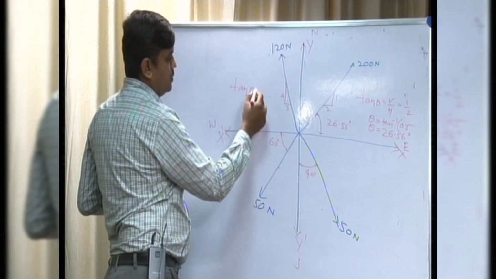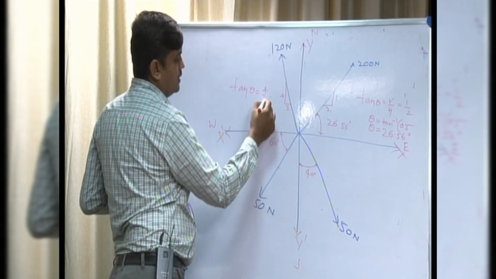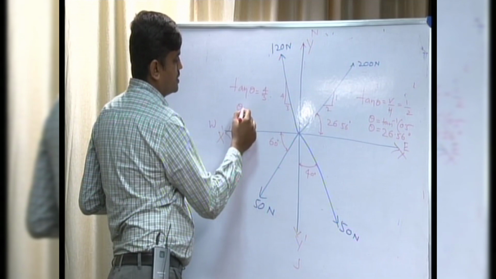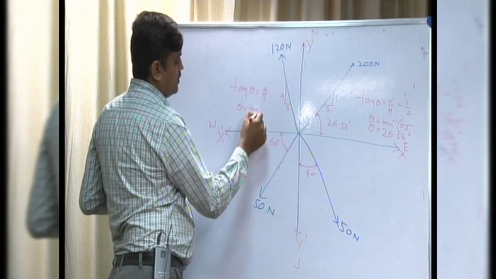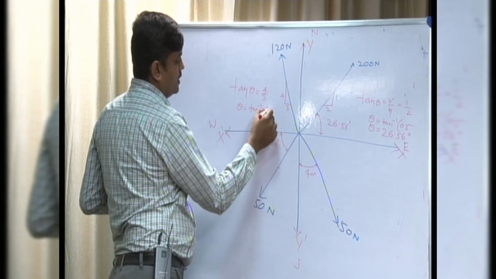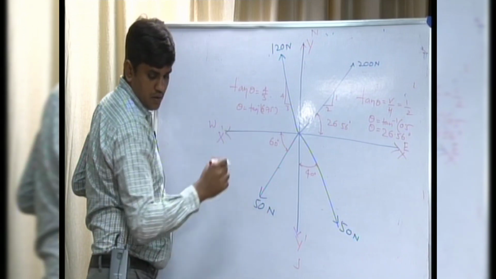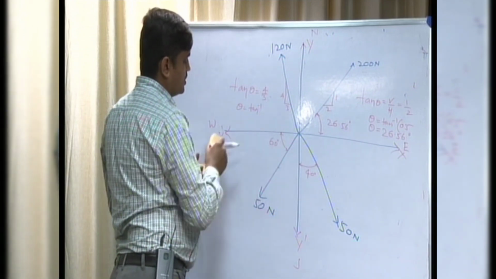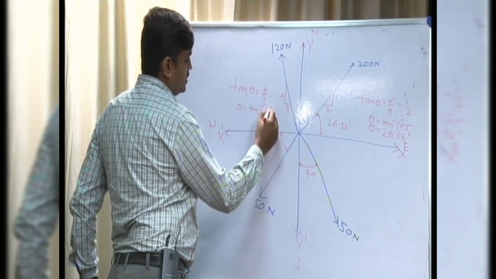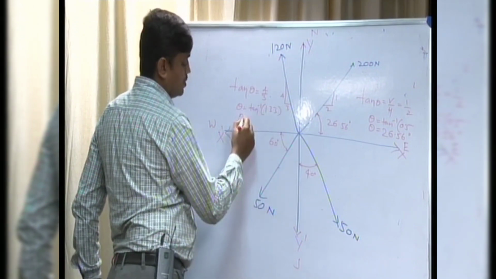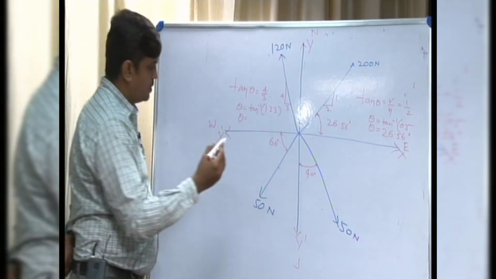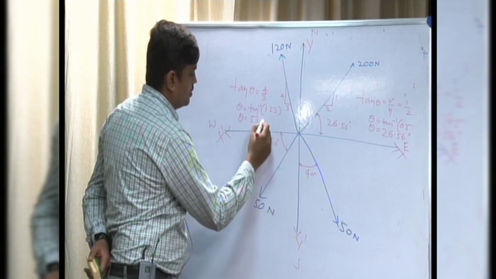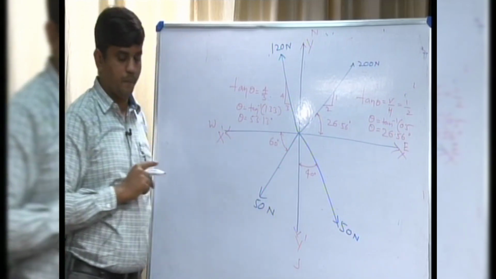Similarly, tan theta is equal to 4 vertical, 3 horizontal, theta is equal to tan inverse of 1.33, and the value of theta will be equal to 53.13 degree.